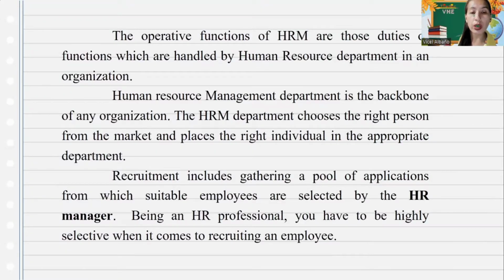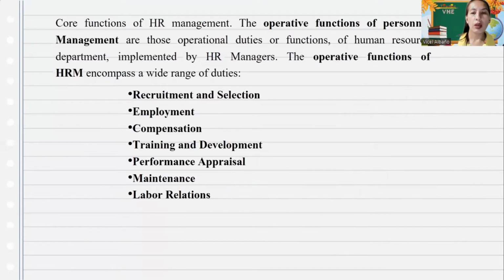Recruitment includes gathering a pool of applications from which suitable employees are selected by the HR manager. Being an HR professional, you have to be highly selective when it comes to recruiting an employee.